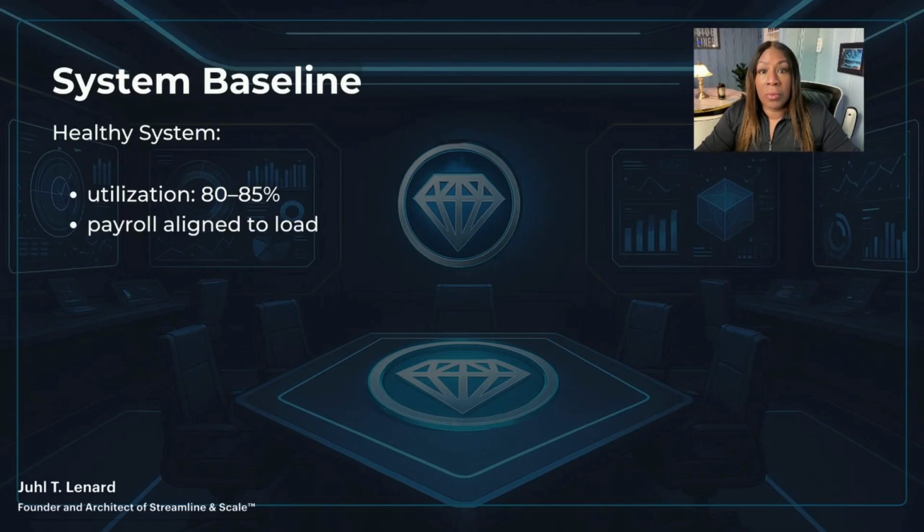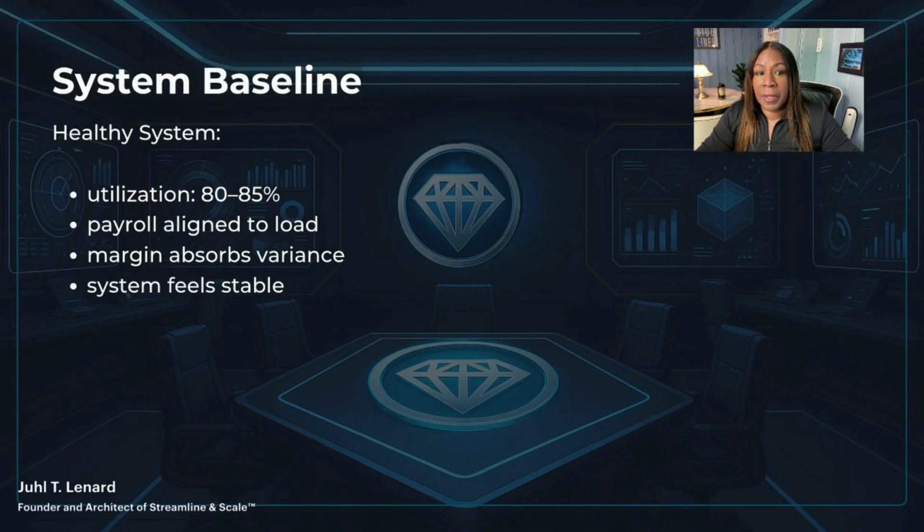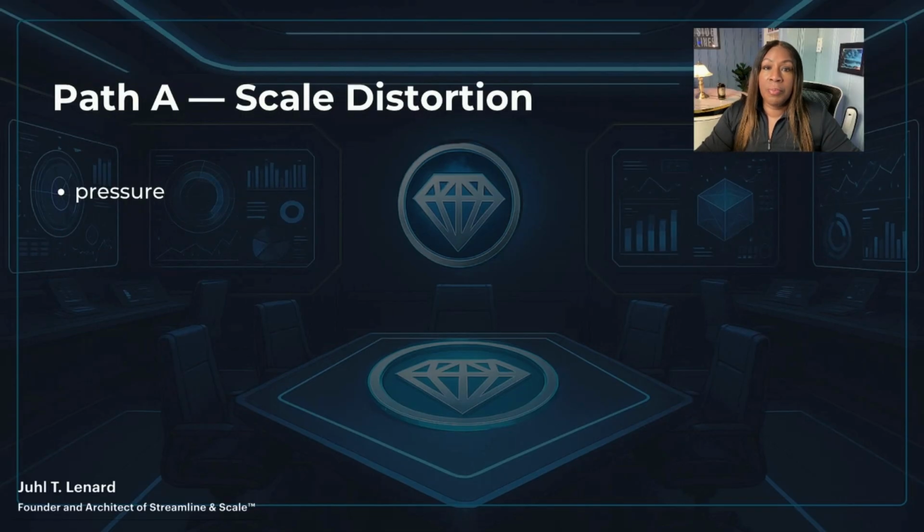Payroll aligned to load. Margin absorbing the variance. Okay. And the system feels stable. It's healthy. But there's two paths. So the first path is we scale the distortion. The second path is we fix the constraint first.